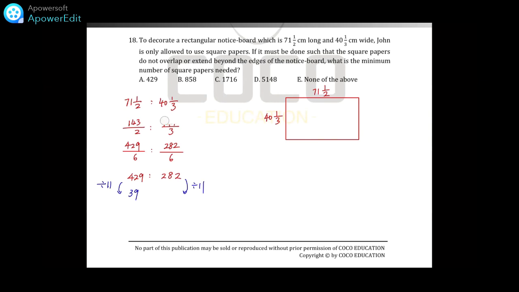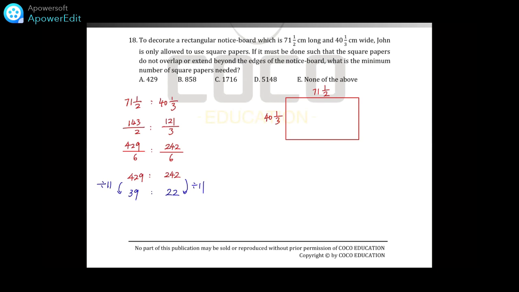Let's correct it. This is not 141, it's 121. So it's 242. Divided by 11, that's 22. Yeah, so that's the simplest ratio.